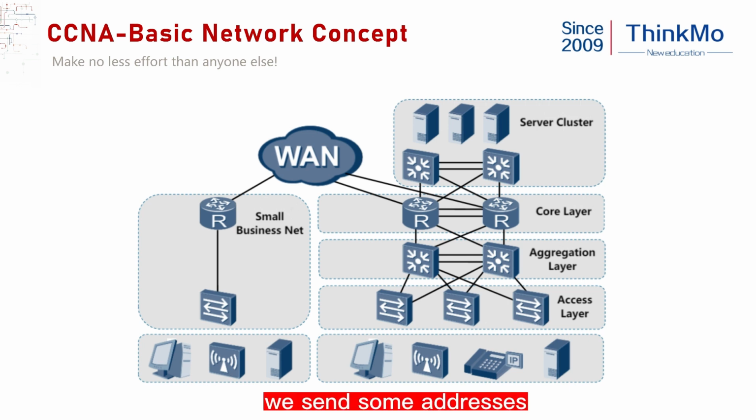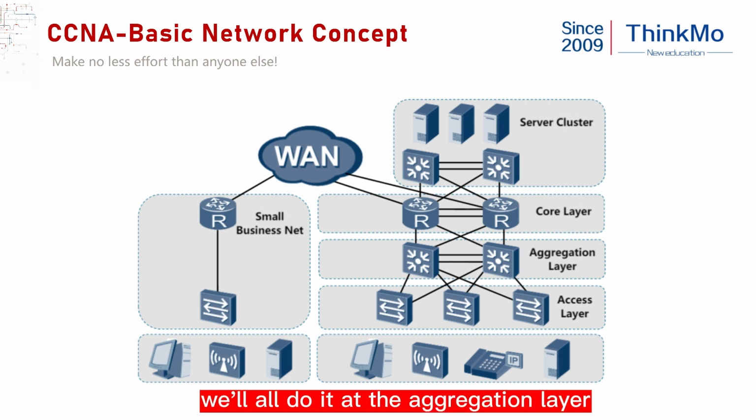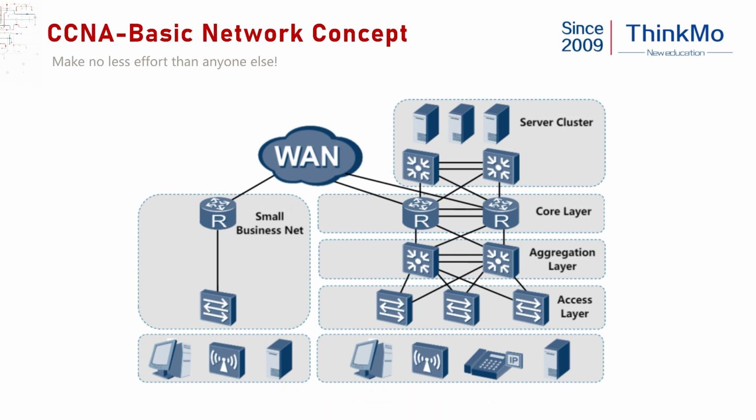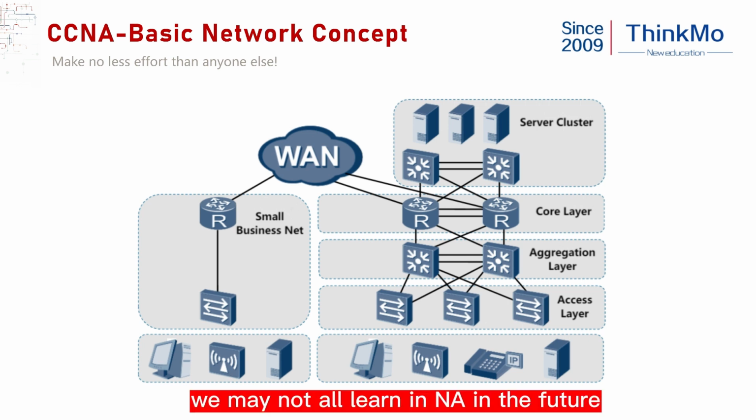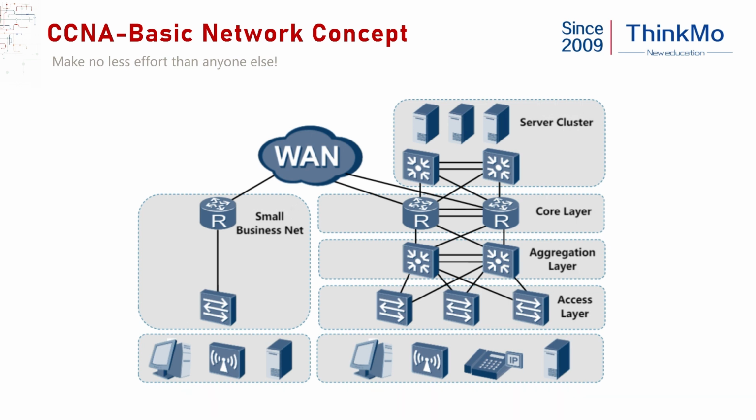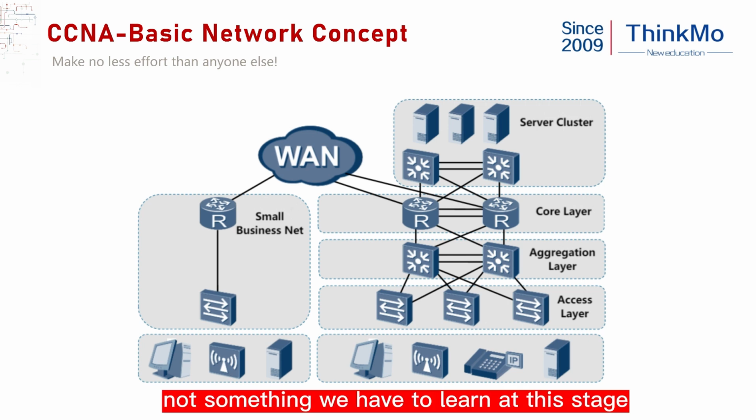We send out addresses and do it all at the aggregation layer. We may not all learn it in NA. Configuration including VRRP we usually do at the aggregation layer. You will learn these in the future, not something we have to learn at this stage.